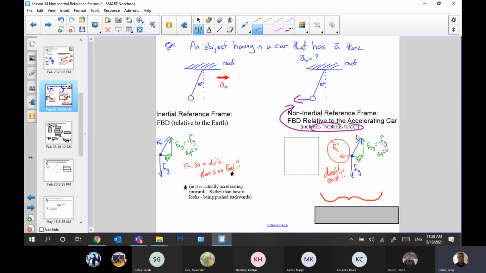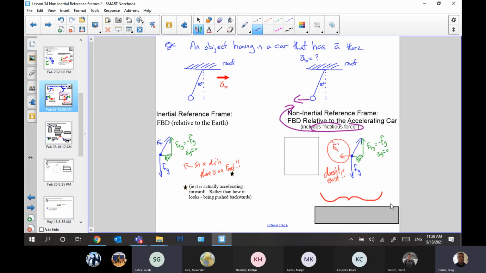That free body diagram makes sense in terms of something, just like this free body diagram makes sense in terms of something. This one makes sense where you're saying it's actually accelerating relative to the Earth. It's got an applied force, the green one, forward on it. It's got an F net equals ma, and you can put that applied force in action and figure out the acceleration. What does this net force diagram tell us?